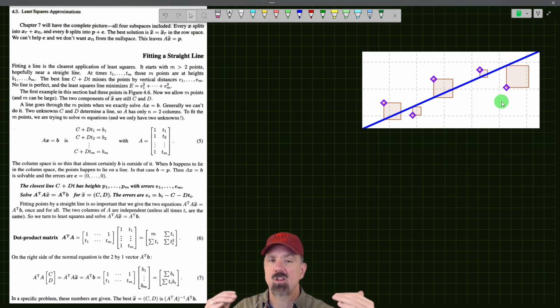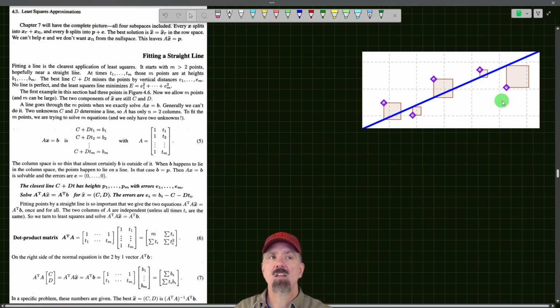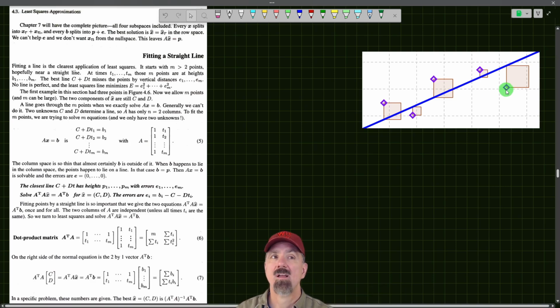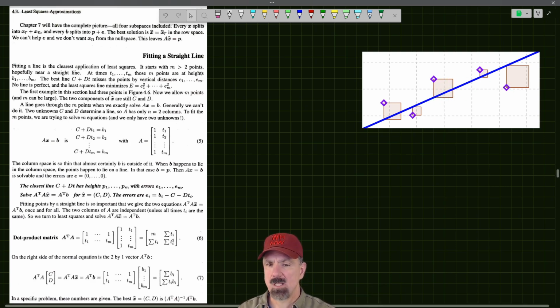Those things don't cancel each other out. They're both error. So by squaring, we make it all positive. The other thing we do is we punish values that are farther and farther away from our model. Because as we move away from the model, the area increases as the square, we end up punishing those data points more than the ones that we're reasonably close to.